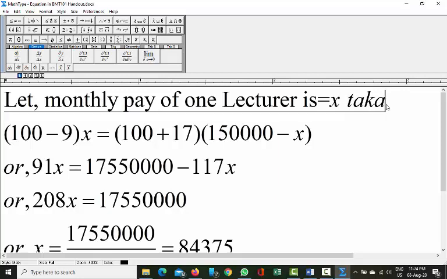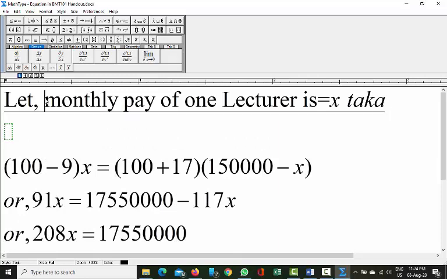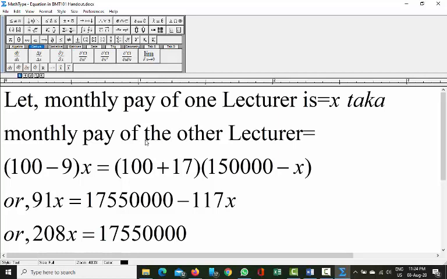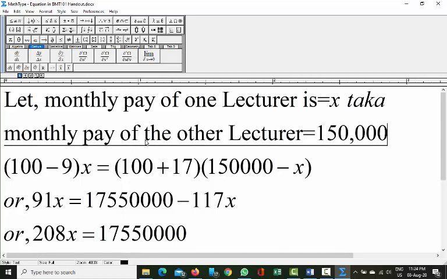So the sum of the pay of two lecturers is 150,000 taka per month.